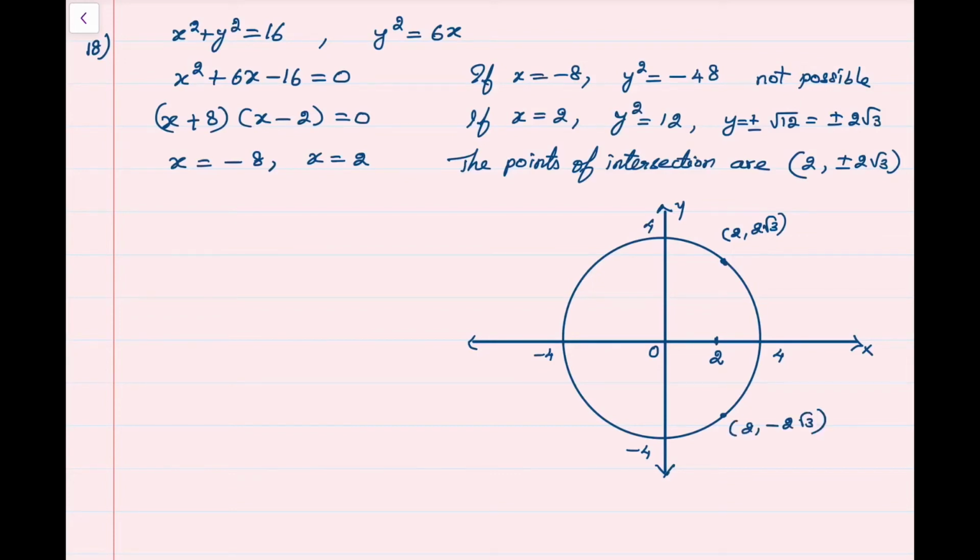The parabola passes through these 2 points and passes through the origin. It is a right side parabola. Equation of the parabola is y square equal to 6x and equation of the circle is x square plus y square equal to 16. The area of the circle exterior to the parabola we have to calculate.